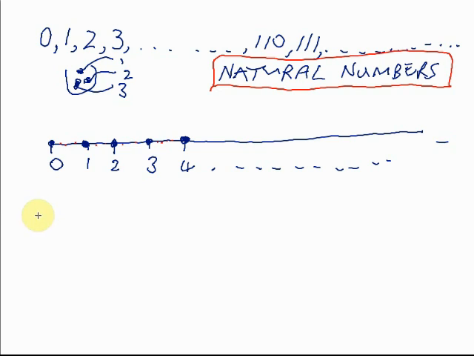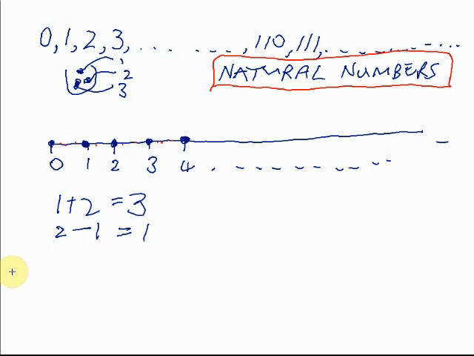Now, you may have seen as part of your maths class how you can, what we call, operate on numbers. You can add 2 of them together. We know that 1 plus 2 is equal to 3. Now, we need to do these operations, the operation of addition, the operation of subtraction. 2 minus 1 equals 1.